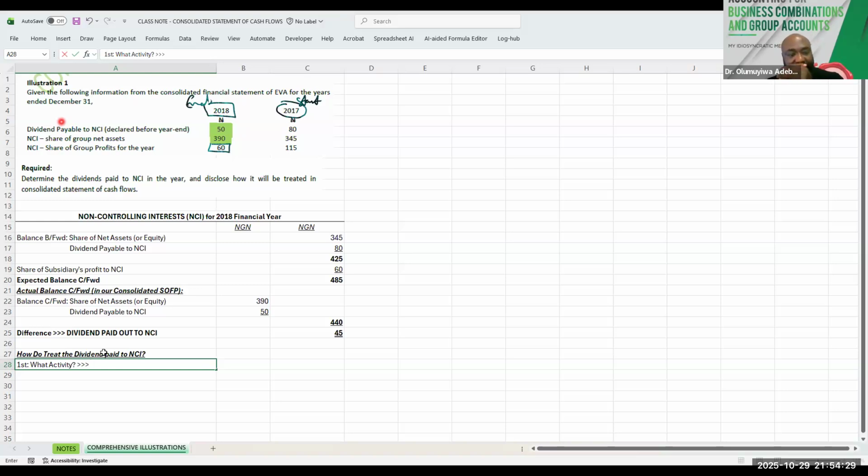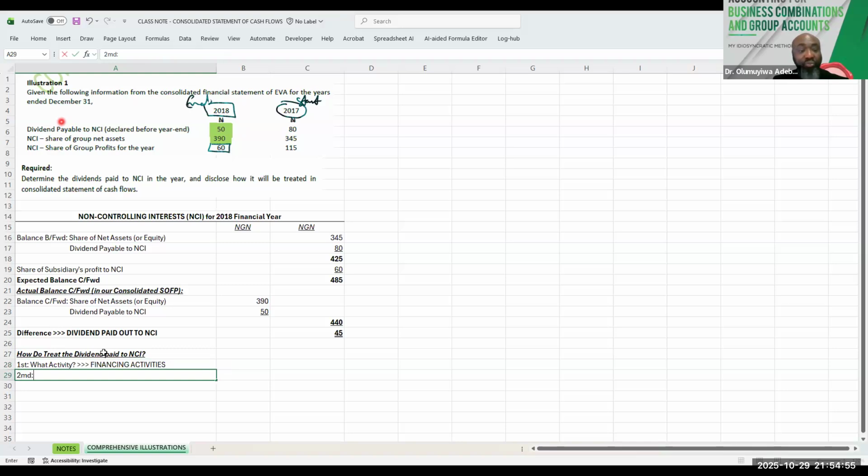Who can tell me the activity? Non-controlling interest is said to be equity of other shareholders other than the parents. And equity serves as a source of finance. Therefore, I will classify it as financing activity.